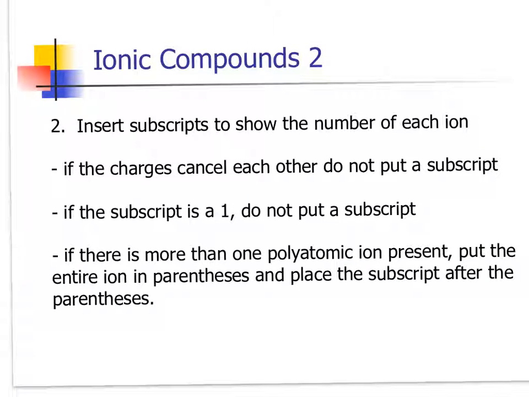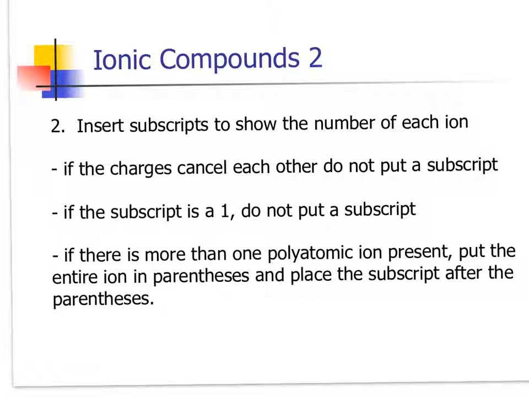Now, the next part of this is that we're going to insert subscripts to show the number of each ion. If the charges cancel each other out, we don't put a subscript. If the subscript is a 1, you don't put a subscript, because writing the element itself indicates that we have that element. If there's more than one polyatomic ion present, we'll do examples of those.